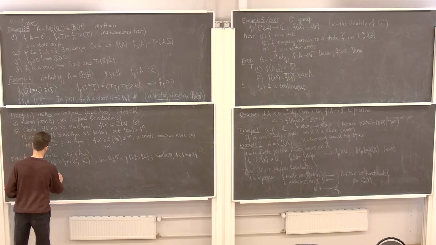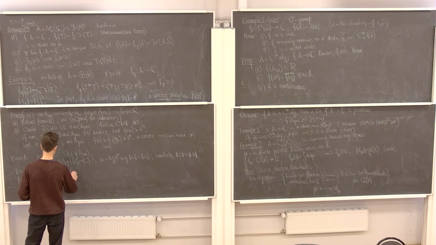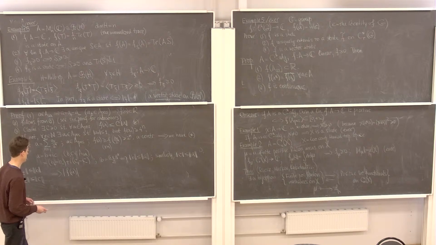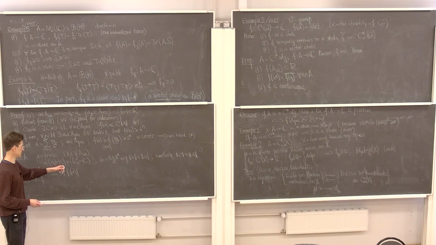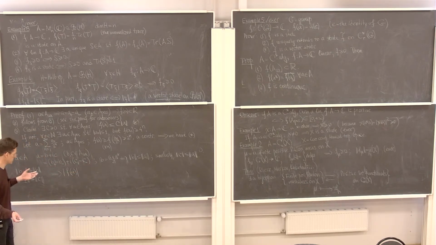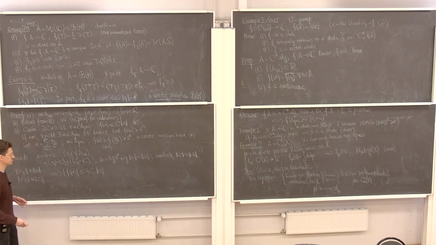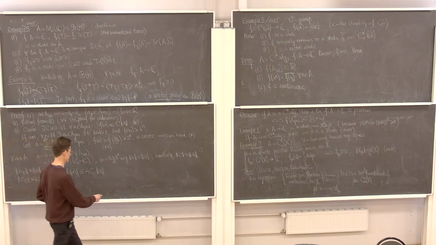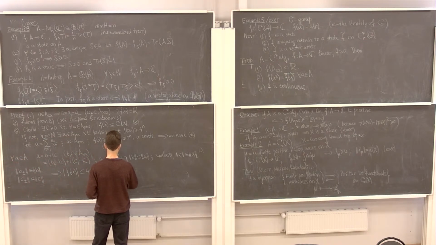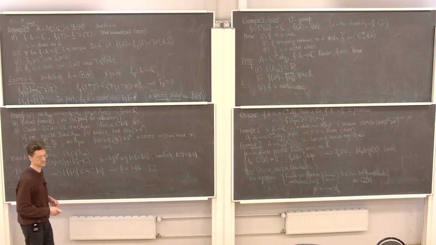So as a result, by applying the triangle inequality, the absolute value of f of a is less than or equal to the sum of these four terms. In summary, this is less than or equal to 4c times the norm of a. And therefore, f is bounded. That is, f is continuous. And this completes the proof.